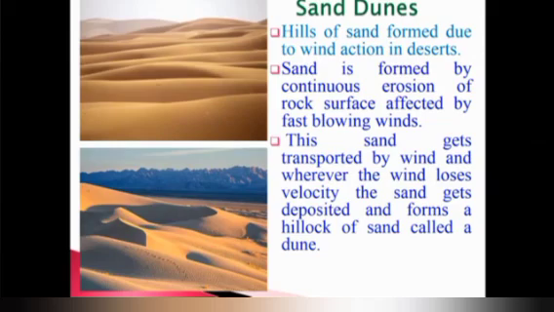This sand gets transported by wind, and wherever the wind loses velocity, the sand gets deposited and forms a hillock of sand called a dune.